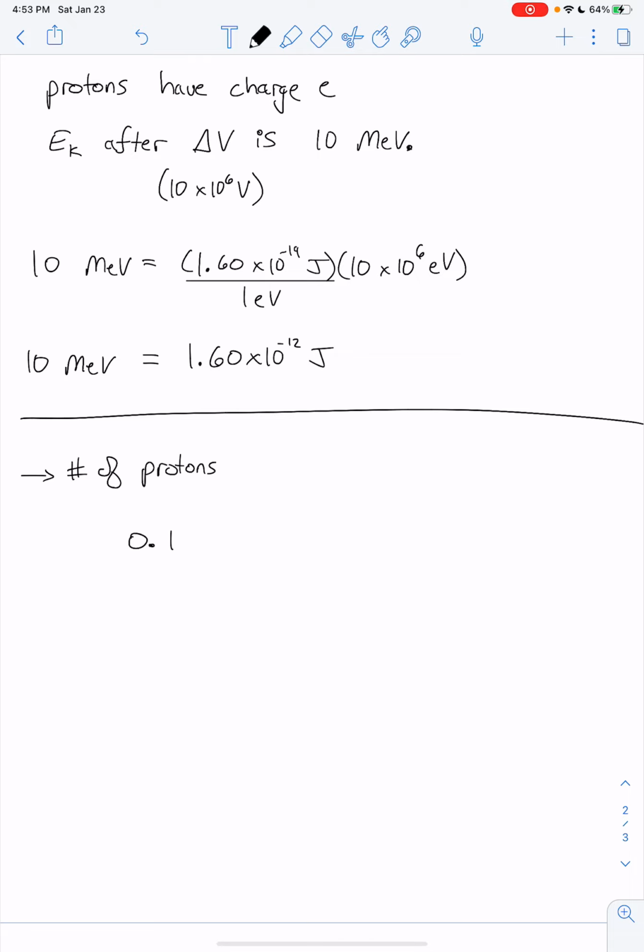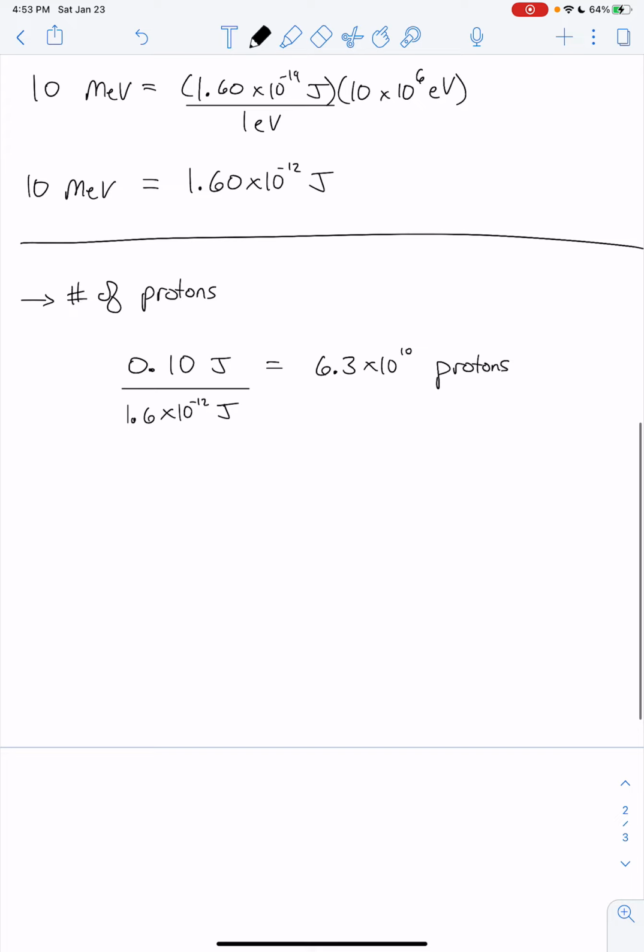So we've got 0.1 joules over the 1.6 times 10 to the negative 12 joules, no matter how you got there. And that's going to give us 6.3 times 10 to the 10 protons. That's a lot of protons.